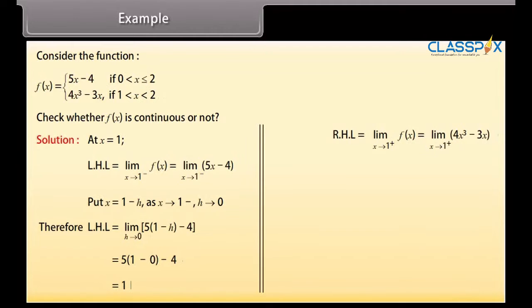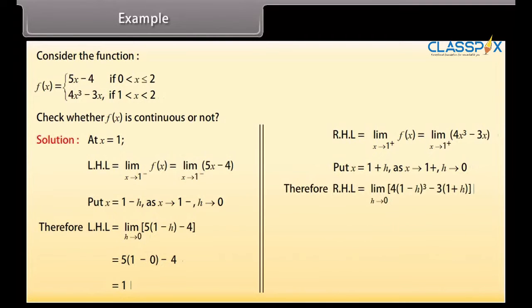Right-hand limit is equal to limit x approaches 1 plus of f of x, which is equal to limit x approaches 1 plus of 4x cube minus 3x. Put x equal to 1 plus h. As x approaches 1 plus, h approaches 0.